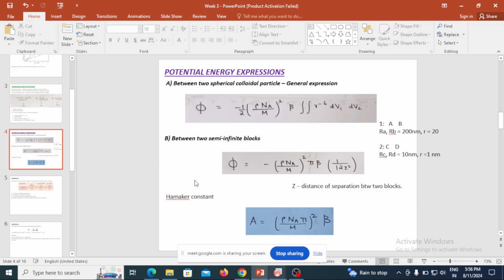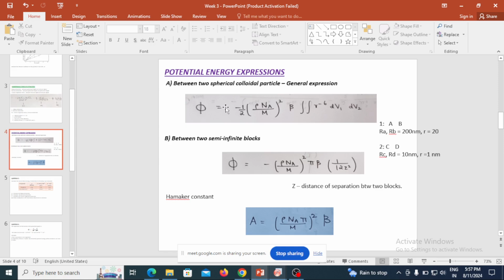So if you see, everywhere we have a negative sign, which again and again indicates that these forces that exist between the molecules are attractive in nature.